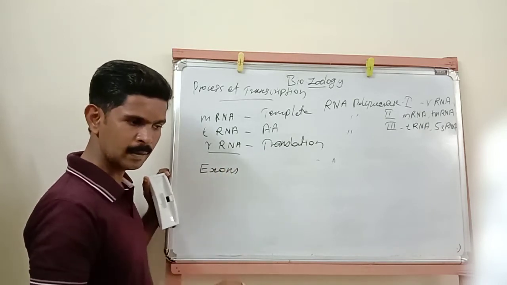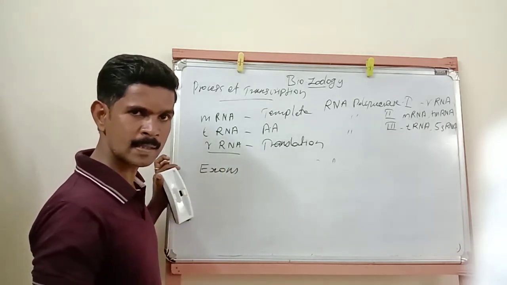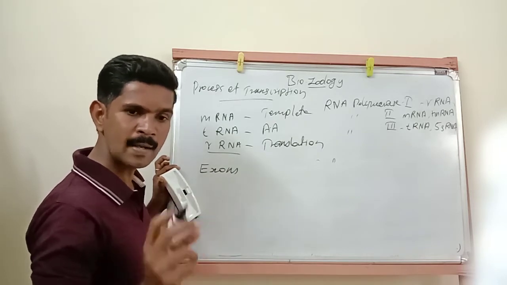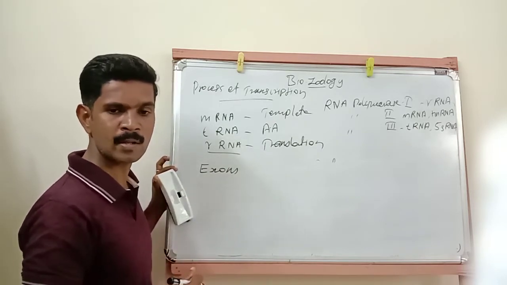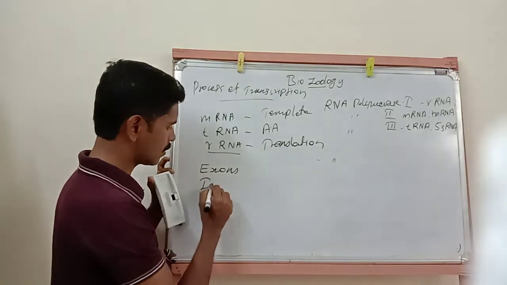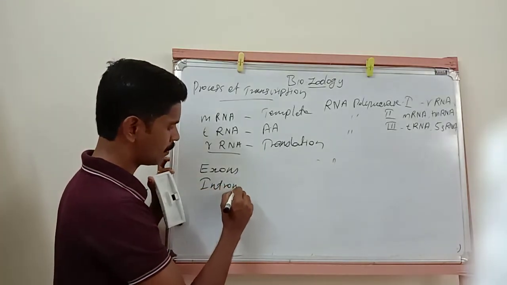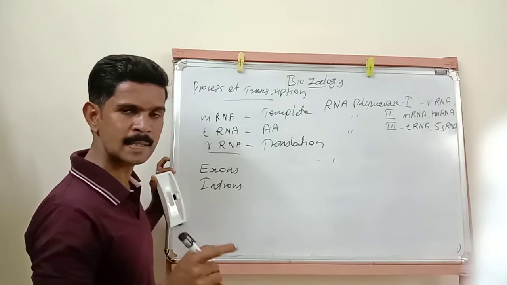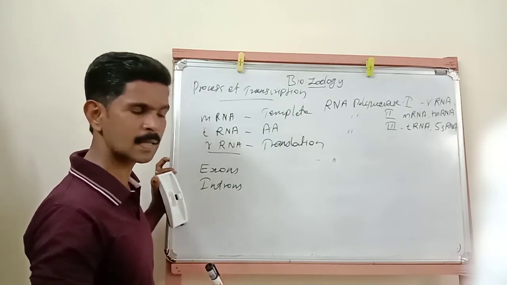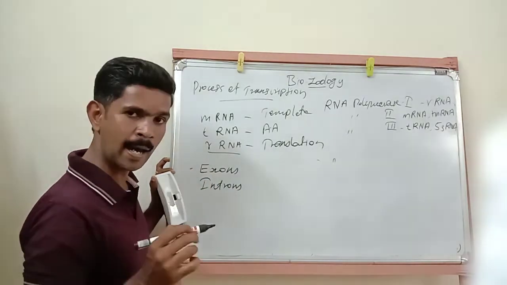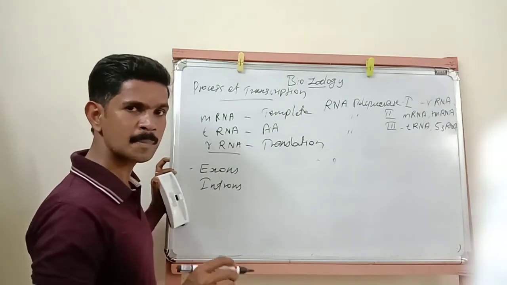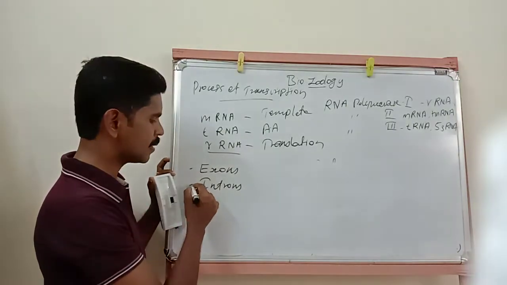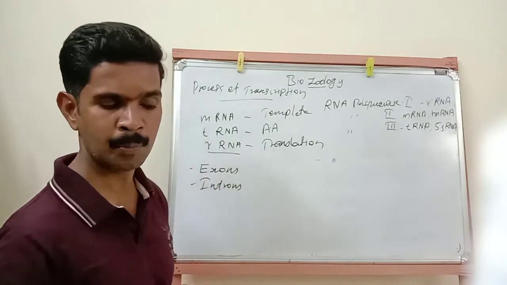Then in the same monocistronic structural gene, some non-coding sequences are also there, and they are called introns. Listen very carefully. So the interrupted sequence present in a monocistronic structural gene is called exon, and the non-coding sequence present in a monocistronic structural gene is called intron. Hope you understand this point.